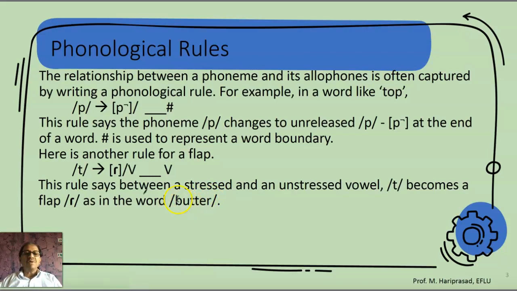When you have the phoneme t occurring between a stressed vowel and unstressed vowel, it becomes a flap, right? That means we need conditions to change a phoneme into an allophone. That is, the surrounding sounds influence the sound in between to become a variant of a phoneme.